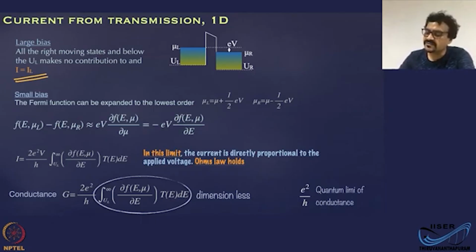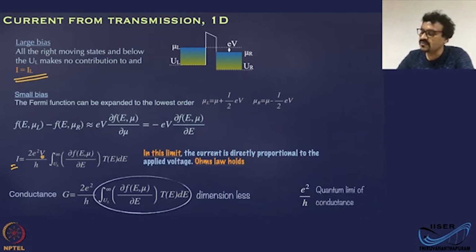Then the whole integral runs from UL to infinity dE. Now what you can say is in this limit the current I is proportional to V. The rest of the things are independent of V, so I is proportional to V.